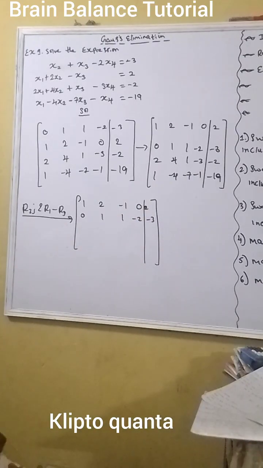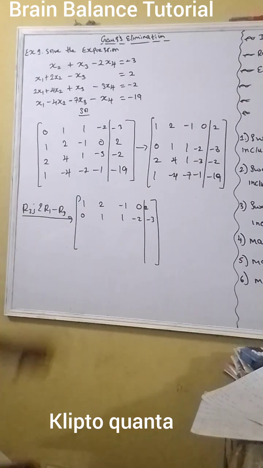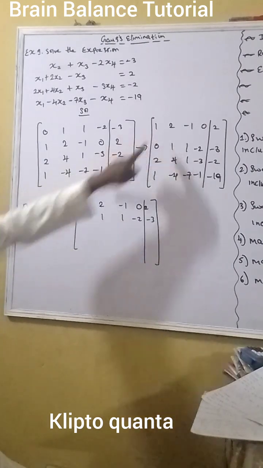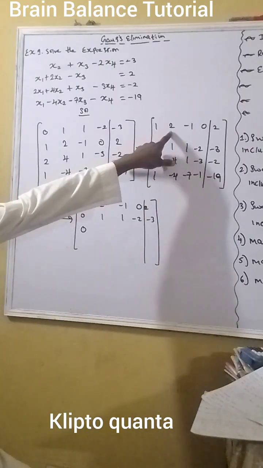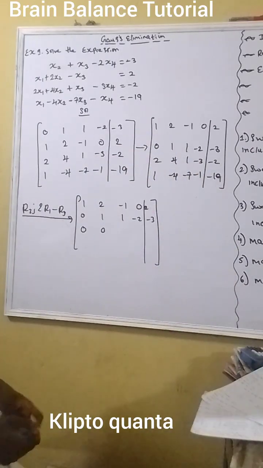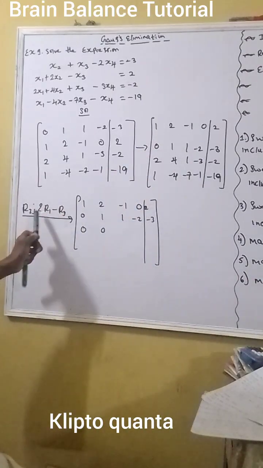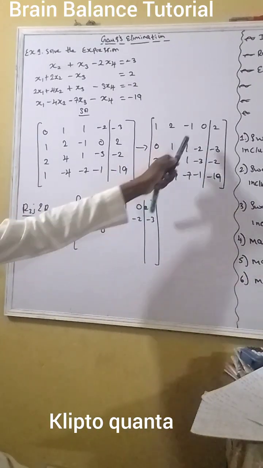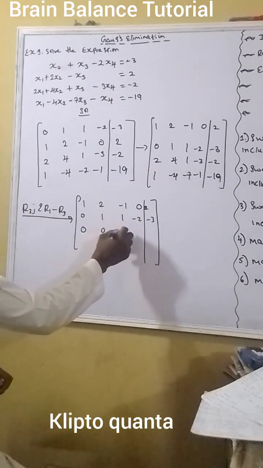So at this point, 2 times row 1, are you with me? That becomes 2. Then 2 minus 2, you have 0. 2 times 2, 4. 4 minus 4, you have 0. 2 times minus 1, you have minus 2. Minus 2 minus 1, you have minus 3.